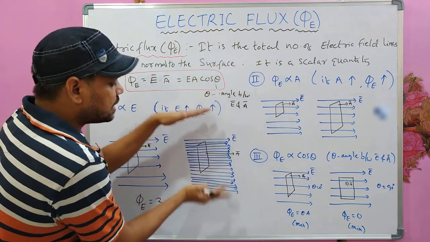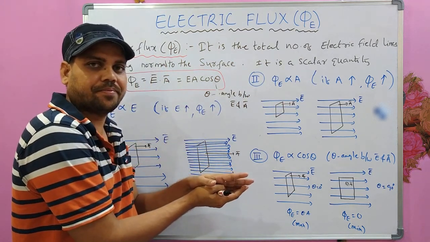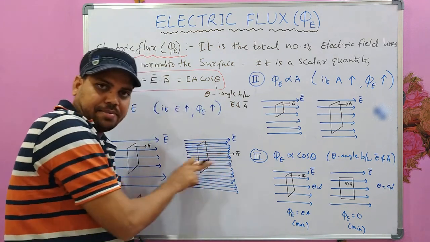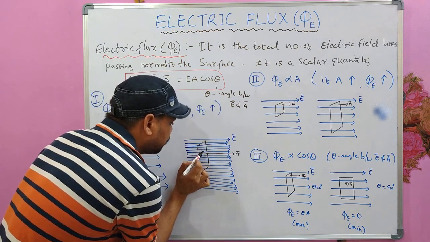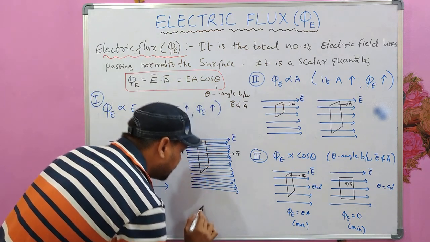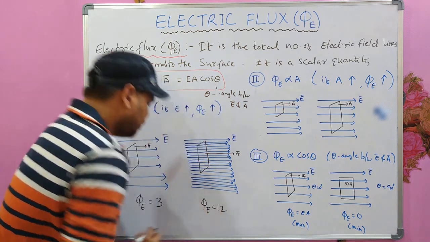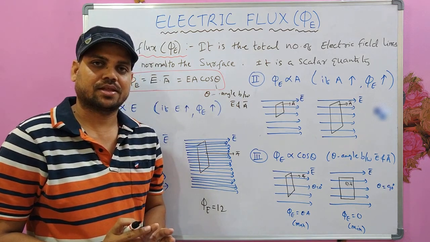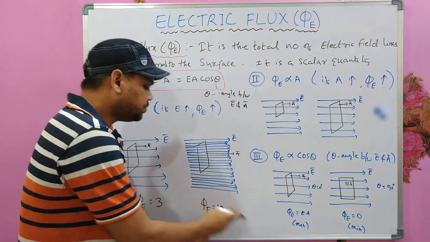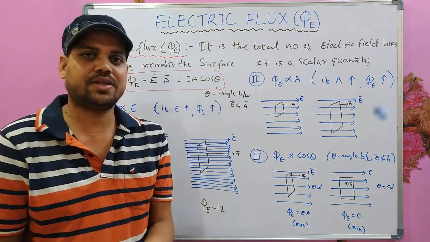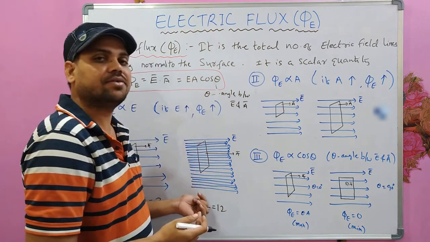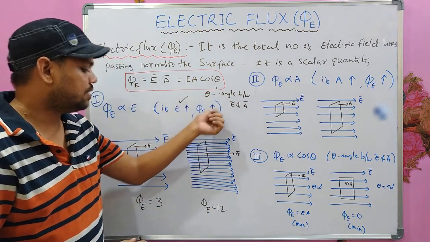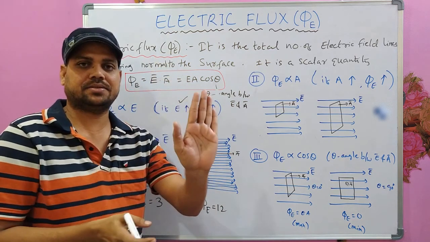Now if you count the number of electric field lines passing through this surface normally, 1, 2, 3, 4, 5, 6, 7, 8, 9, 10, 11, 12. Flux is increased from 3 to 12, because of the increase of electric field strength. If E is increased, electric flux linked to that area is increased.